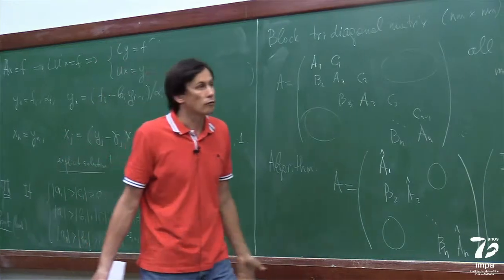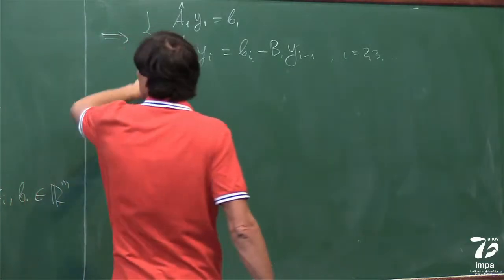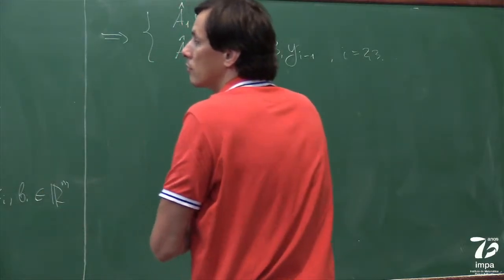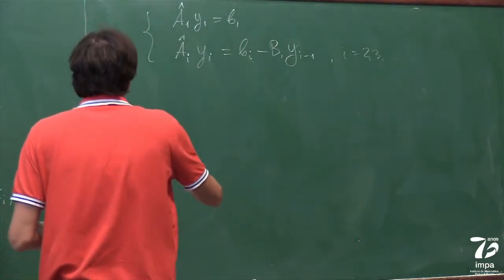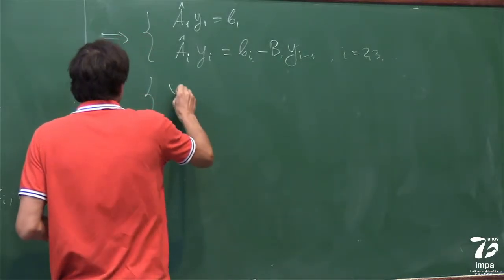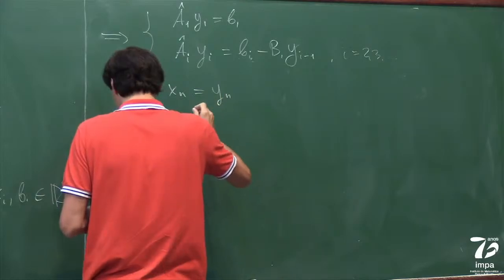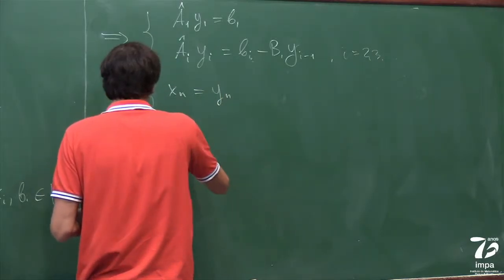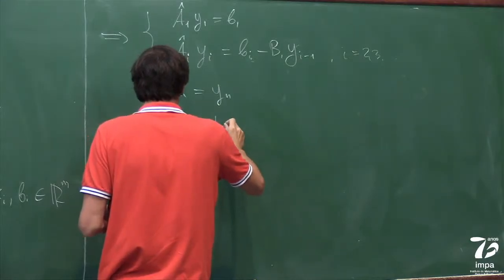So of course this is cheap to solve. If you just solve it directly without knowing that it's tridiagonal, it will be very expensive. And then the second system, you do backward substitution, which is explicit. Here you don't need to solve anything.